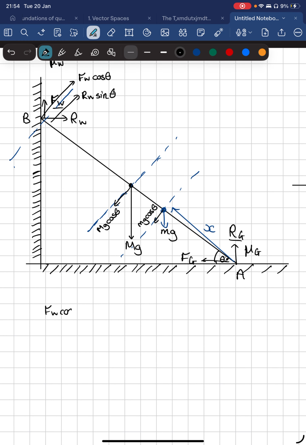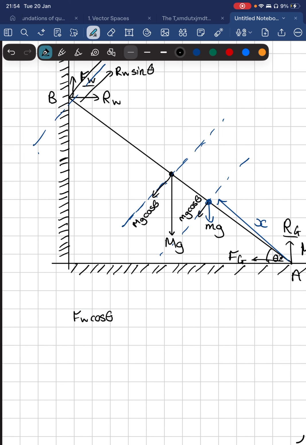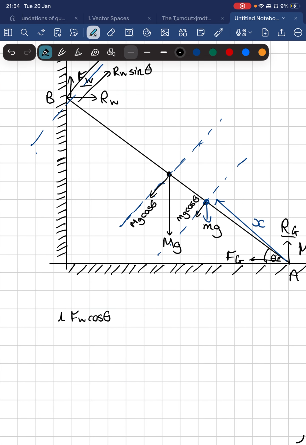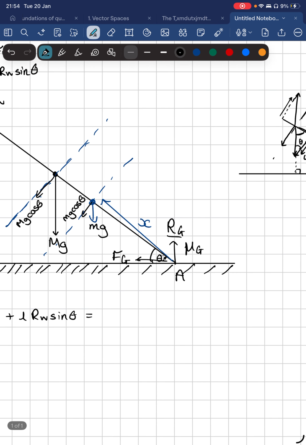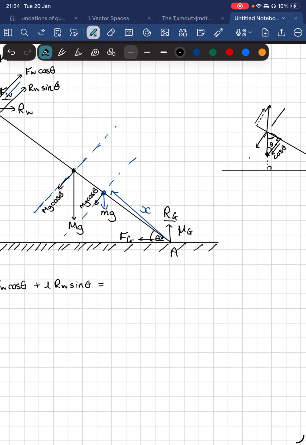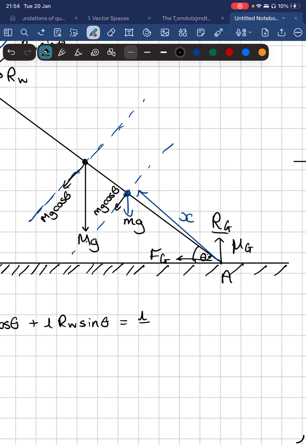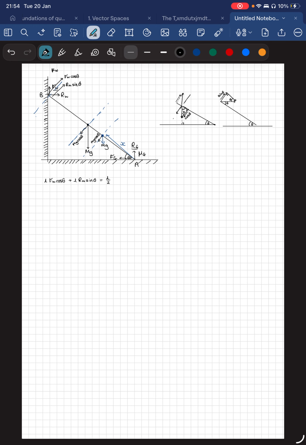FW cos theta times, well, we'll say the whole thing has a length L. So L FW cos theta plus L RW sine theta must be equal to, and then this is acting at a halfway point because it's a center of mass, so L over 2. In fact, let me draw that on for the sanity of the whole diagram.